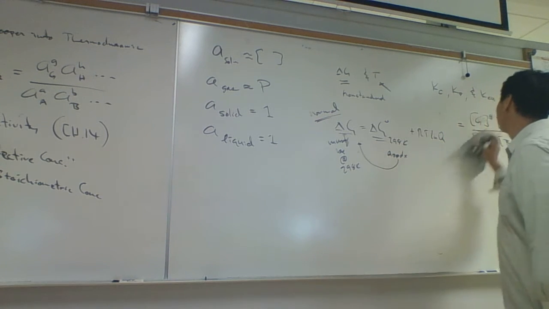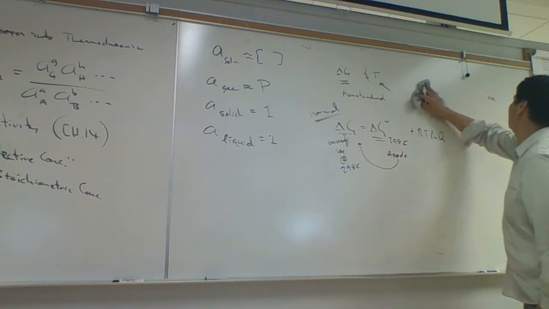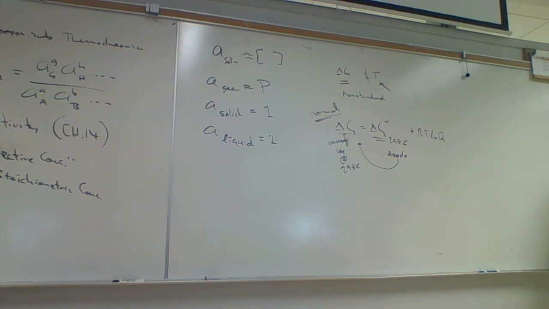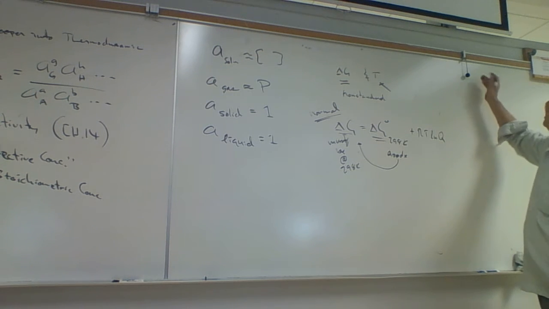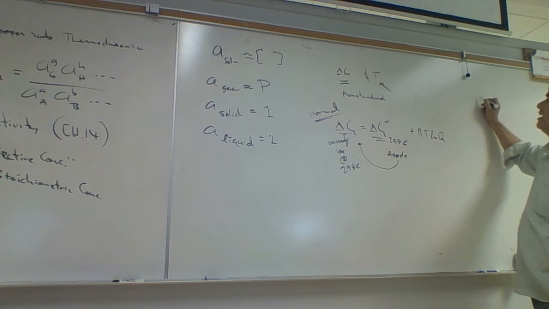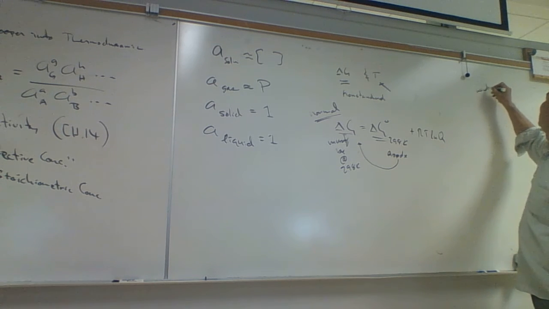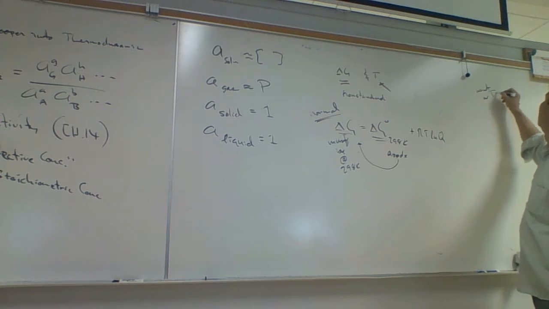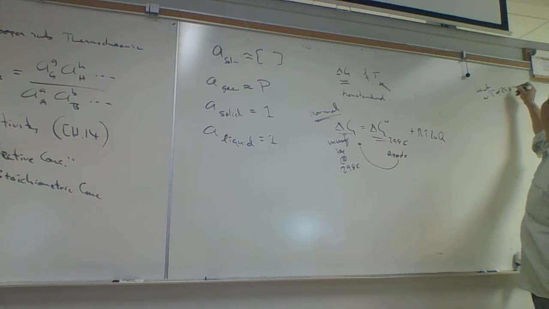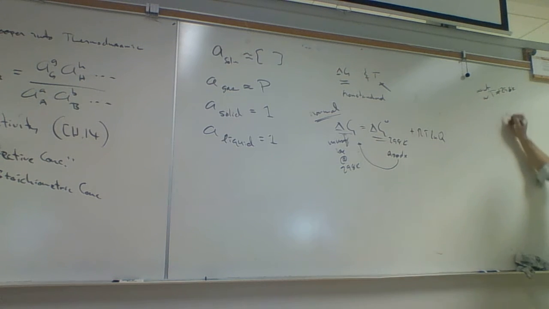Then what that means is we have to determine delta G naught at another temperature. And so this is what we do. When we want a T not equal to 298 Kelvin, then you have choices here.